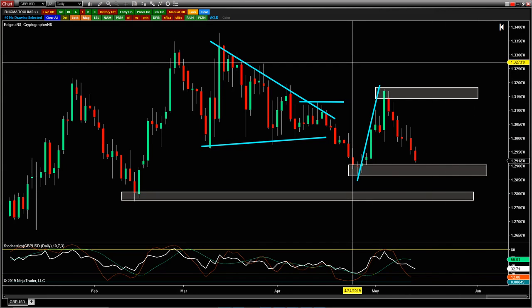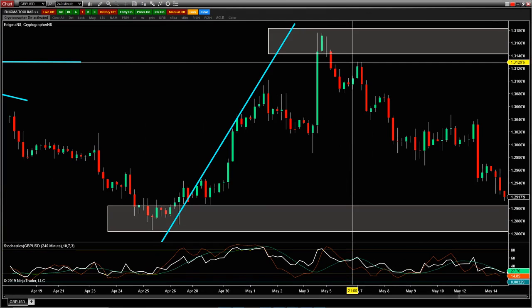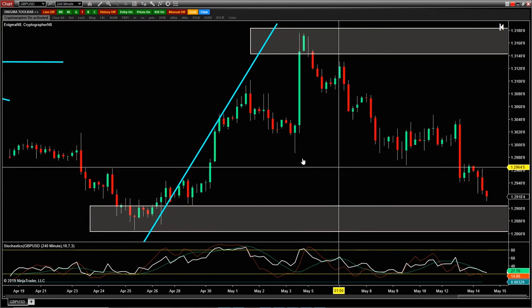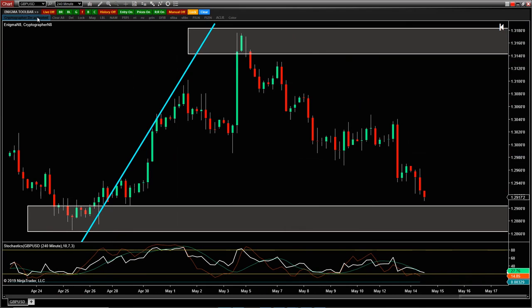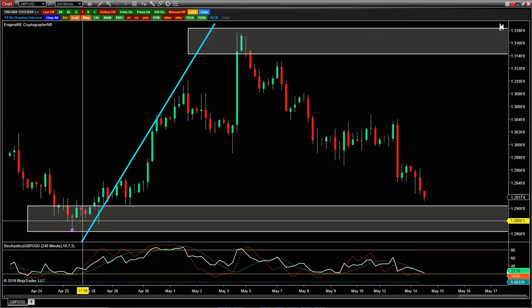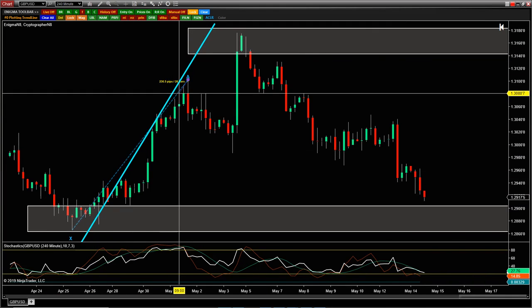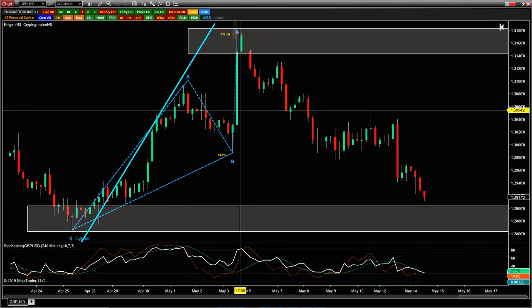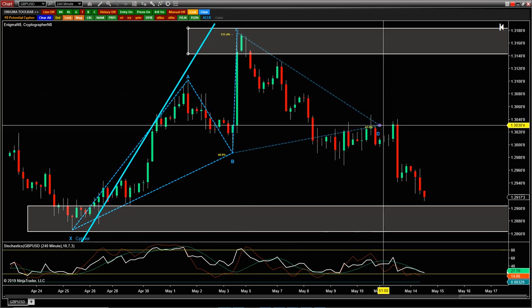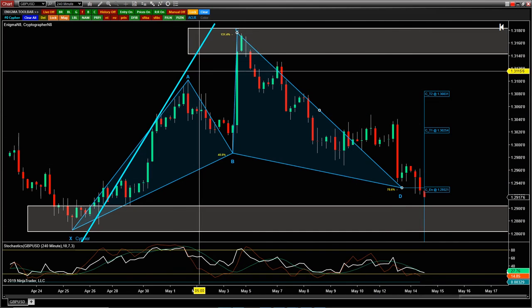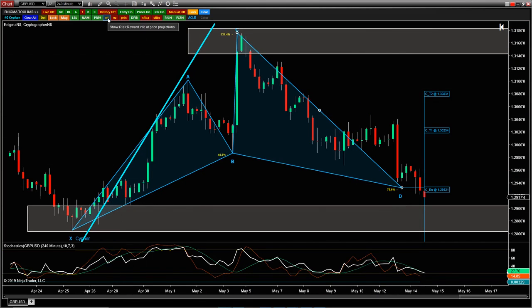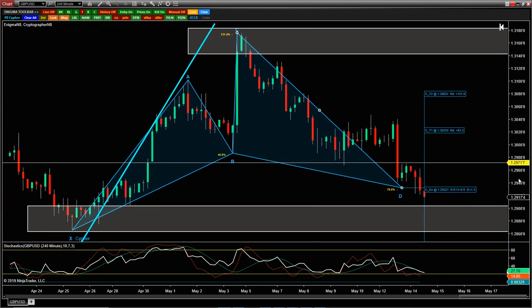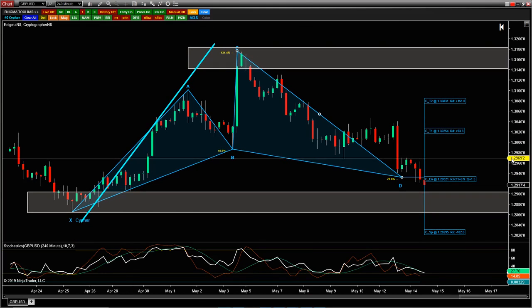We go down to the 240 chart. Gabrielle says 129 is a nice area for a buy. We go down to the 240 chart, and we have an advanced pattern formation. This impulsive leg right here is going to be our X to A, our first retracement, our A to B, our extension higher, our B to C, and we have a CD completion right around 129.32.